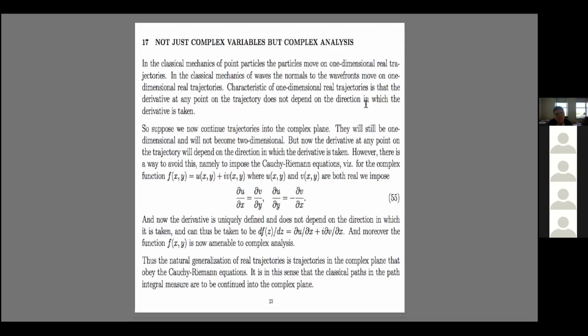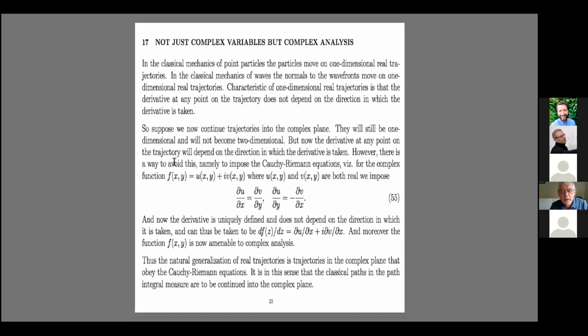With a one-dimensional real trajectory, the derivative at any point on the trajectory does not depend on the direction in which the derivative is taken. So suppose we now continue trajectories into the complex plane. They will still be one-dimensional and will not become two-dimensional. But now the derivative at any point on the trajectory will depend on the direction in which the derivative is taken.